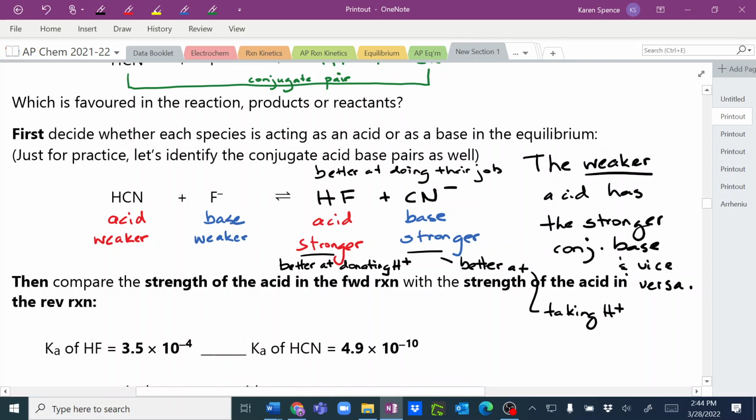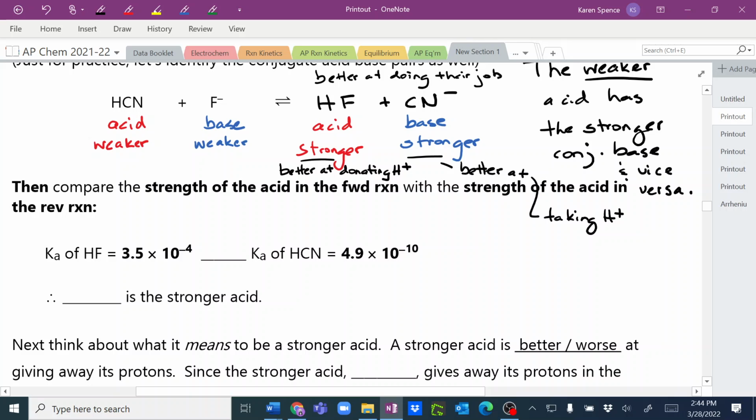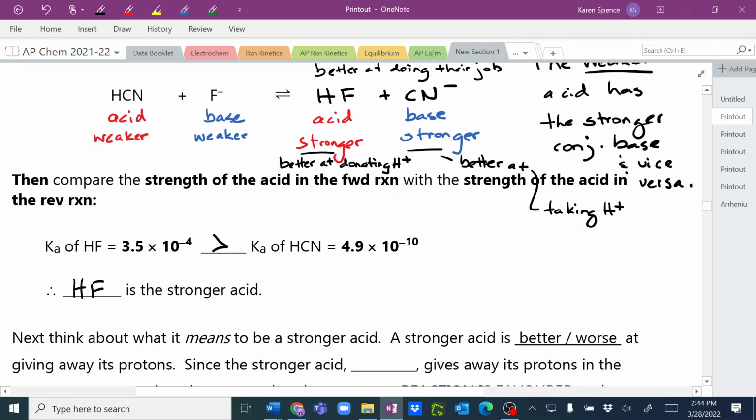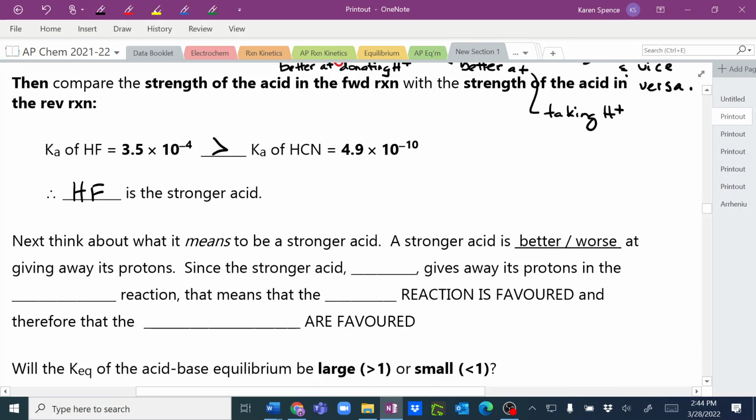So this is just going into the Ka. The Ka of HF is larger than the Ka of HCN, so HF is the stronger acid. A stronger acid, is it better or worse at giving away its protons? Better.